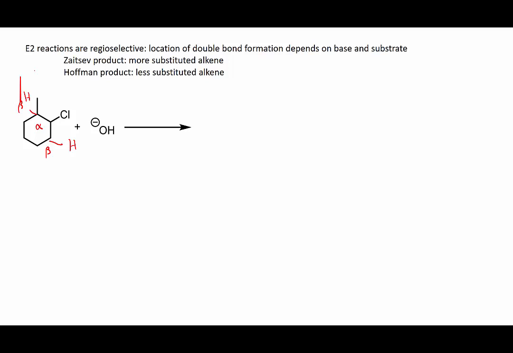You can imagine that we can deprotonate at either of these sites, which will give us two different products. So let's draw, if we eliminate at the beta 1 position here, the leaving group will come off and will form this alkene. If we deprotonate at the beta 2 position, we would actually see the formation of a double bond down here.